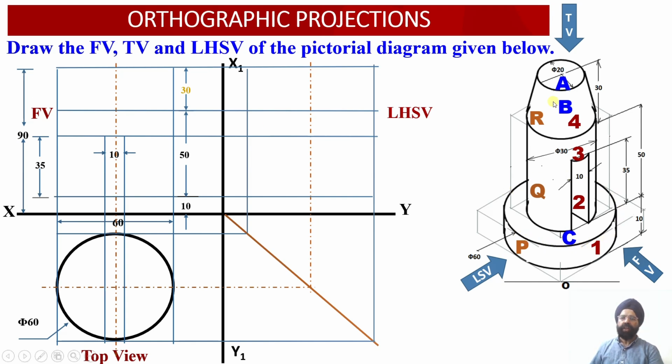Now I can draw the surfaces of the cylindrical portions corresponding to the top face of element number 3, which has a diameter equal to 20 millimeter, and the top face of element number 2. So this is the top face of element number 3, which is 20 millimeter diameter, and this is the top face of the cylindrical portion corresponding to element number 2, which has a diameter of 30 millimeter.